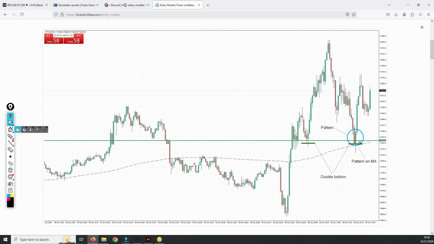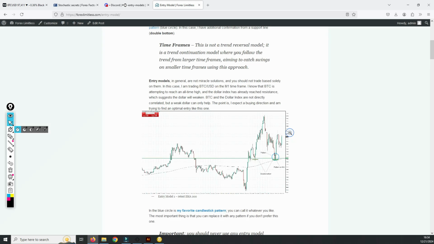The bodies of those candlesticks are the same size or at least similar. As you can see, this pattern is formed exactly on moving average 200 here, and here the price created support and the pattern was sitting at the same level. It's simple. Price breaks moving average 200, we are waiting for a retest on the moving average 200. We need to see our pattern, and then we enter the trade.